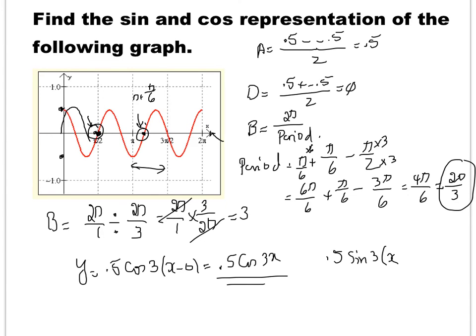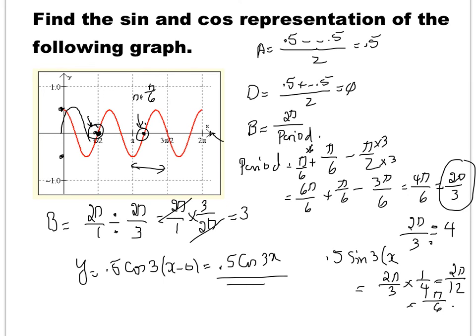So if you divide this guy by 4, what is 2 pi over 3 divided by 4? Which is going to be 2 pi over 3 times 1 over 4, which is 2 pi over 12, which is equal to what? Pi over 6. Right?